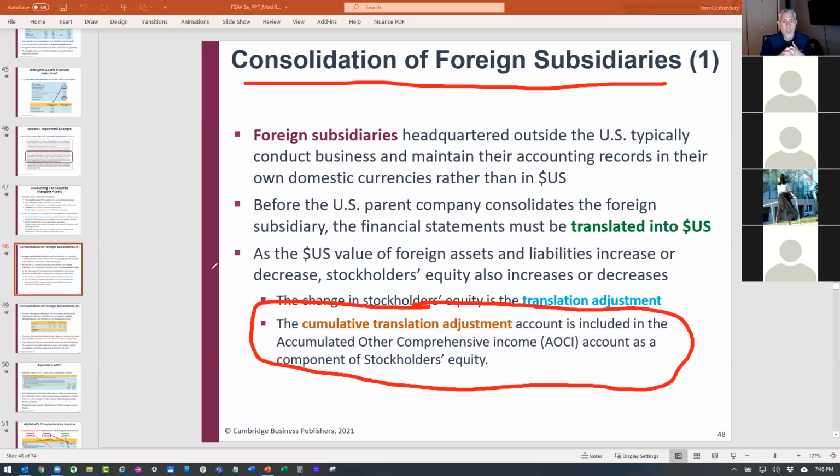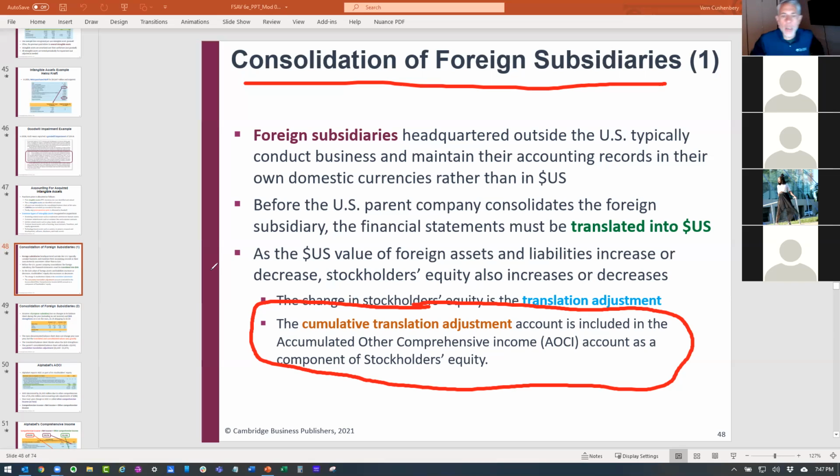And at the end of the year, they have to take the assets and liabilities that are unique to each of these foreign subsidiaries and translate those figures. They have to translate those assets and liabilities, which are recorded and denominated in euros or another foreign currency, back into the US dollar to make sense of the financial statements.